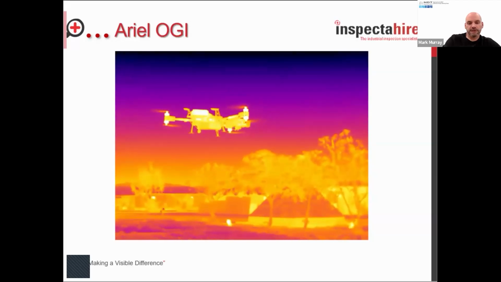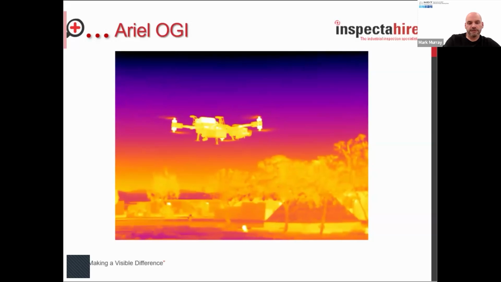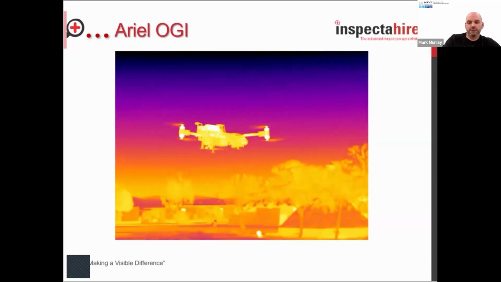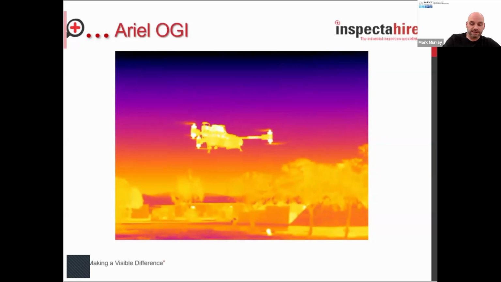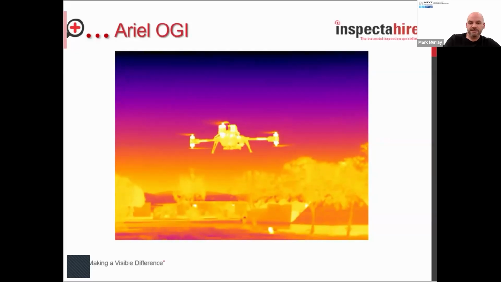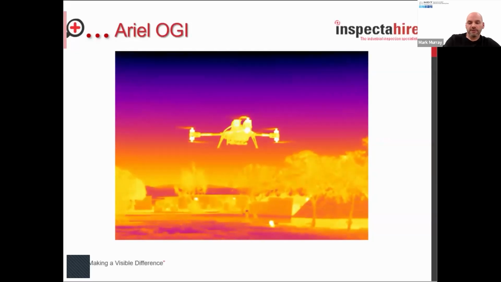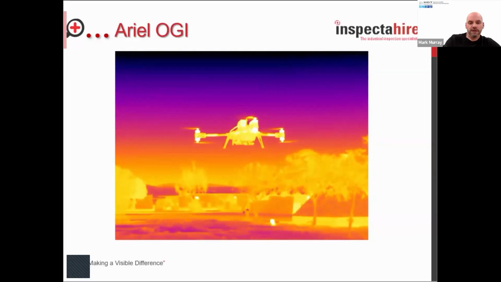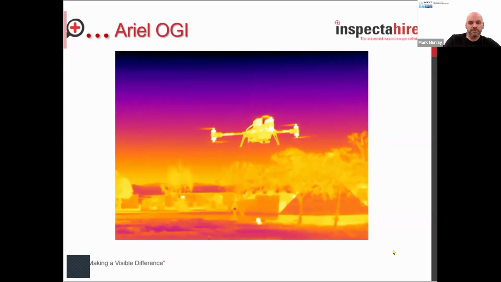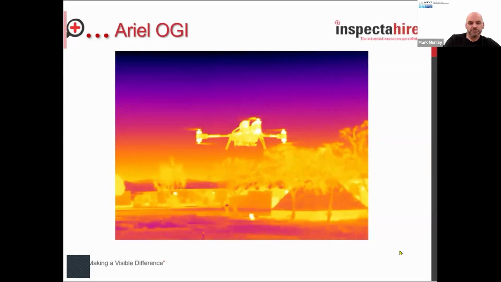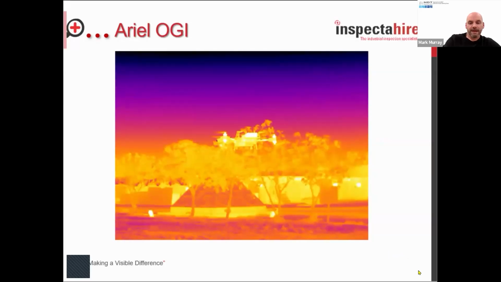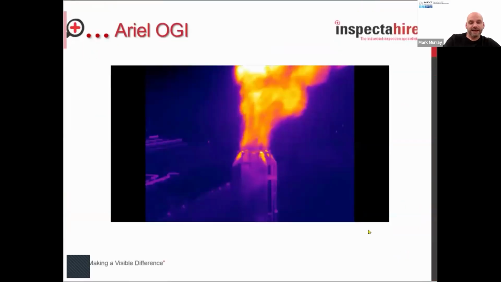It was a flare tip inspection, so again there was radiant heat to consider. The manufacturer's maximum recommended temperature for the motors was 60 degrees. So we were a bit concerned about that, but as it happens, they were fine. They were being kept nice and cool by the propellers, so it wasn't a problem. That was just for interest, really.